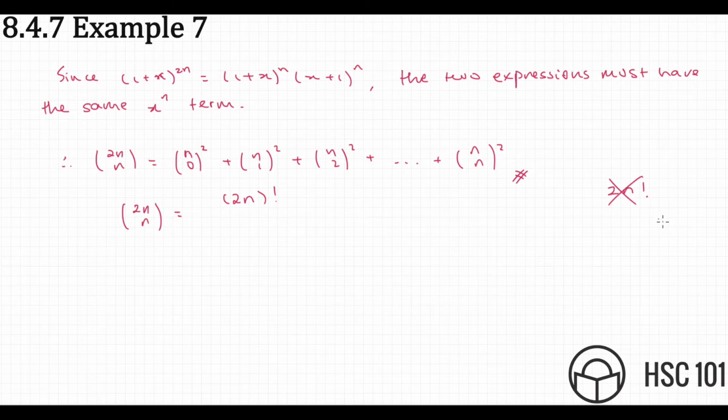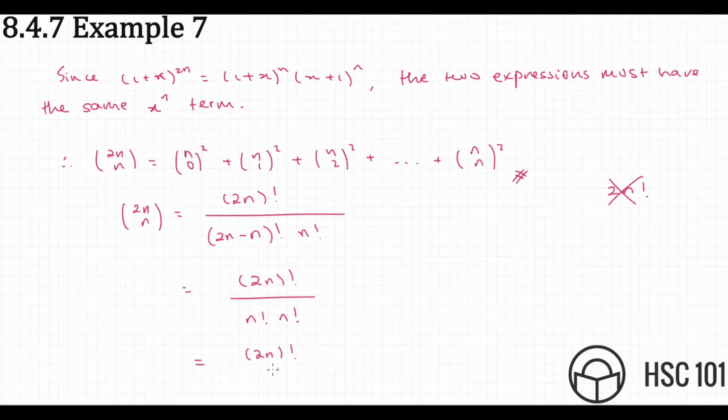So make sure we don't write it like this. It's going to be 2n inside the brackets, and then factorial, and then this is going to be divided by (2n - n)! times n!, which we can see is just (2n)! over n! times n!, which is what gives us (2n)! over (n!) squared.